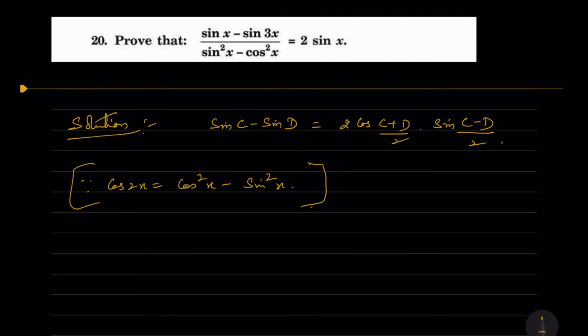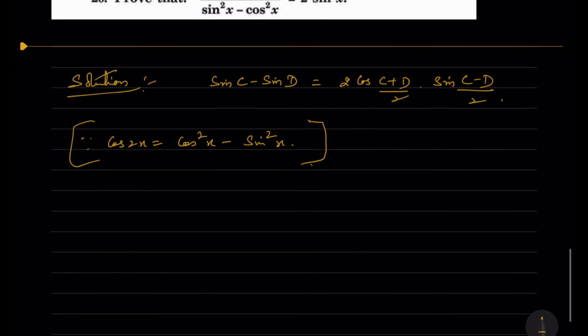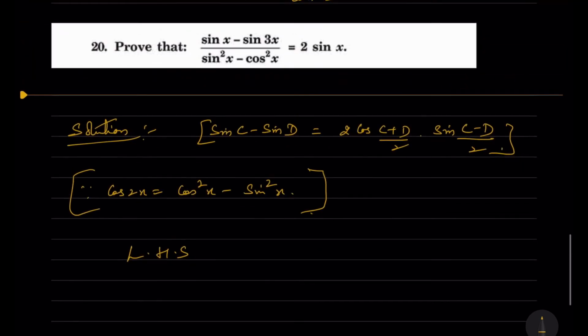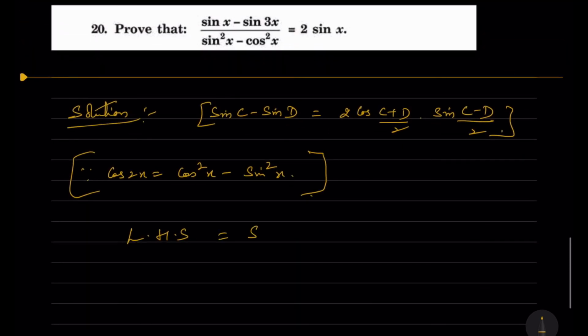So while writing this, we'll just see. Over here, first taking the LHS side using both the above formulas, the LHS is (sin x - sin 3x) divided by (sin square x - cos square x).